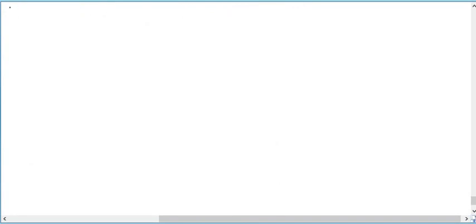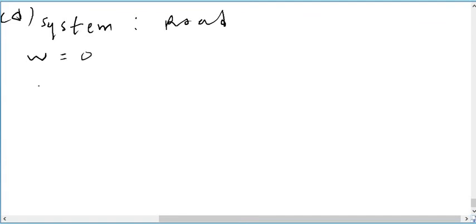And D, the system, the road. There will be no work on the road or by the road, so work is 0.